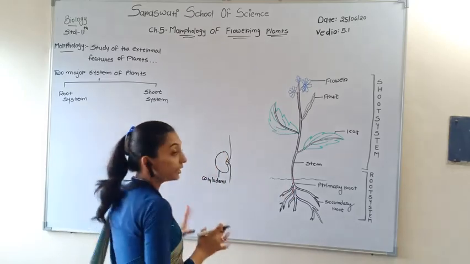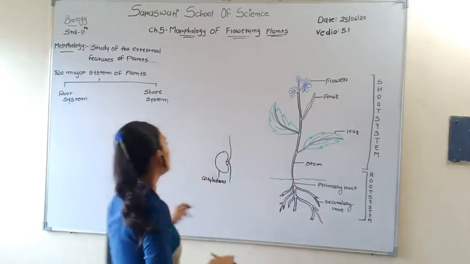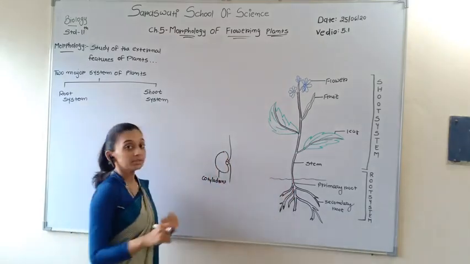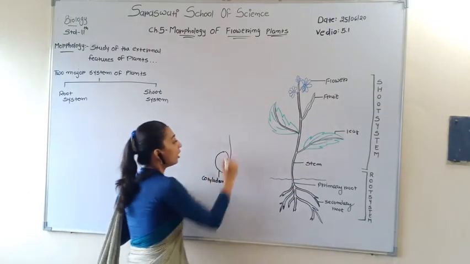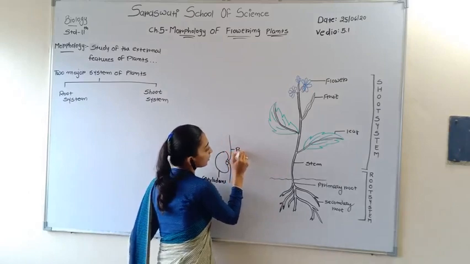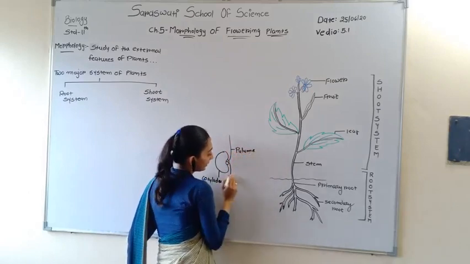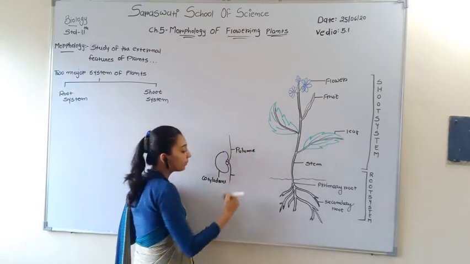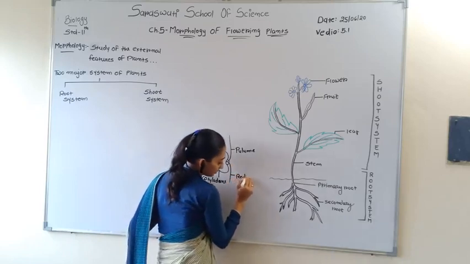So at the time of germination, the seed gives rise to two main systems. The upper one is known as the plumule and the lower or downward part is known as the radicle.